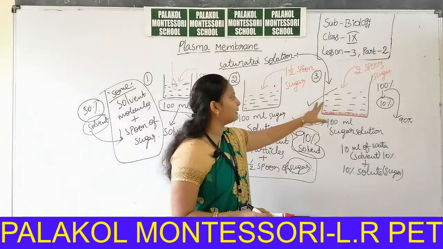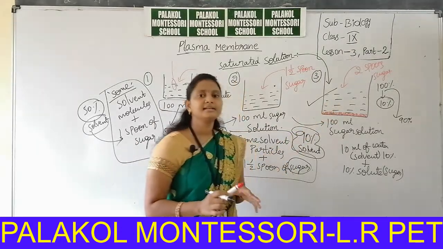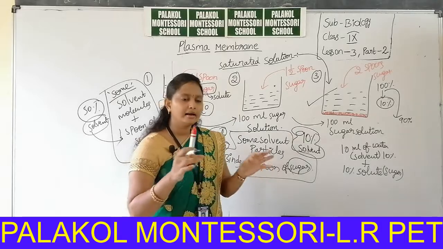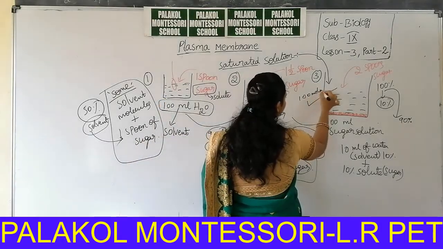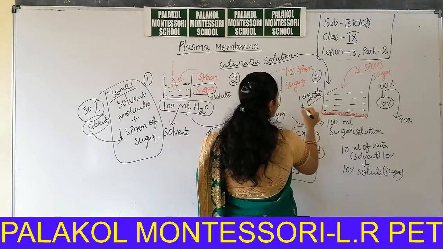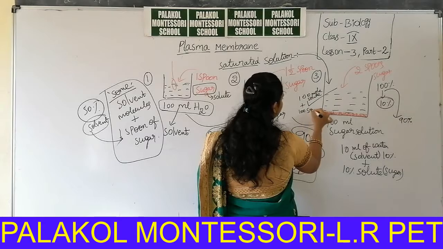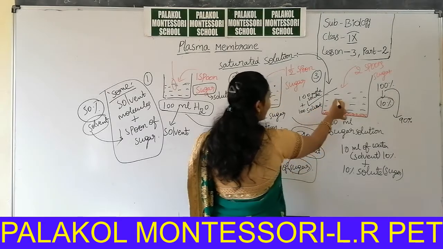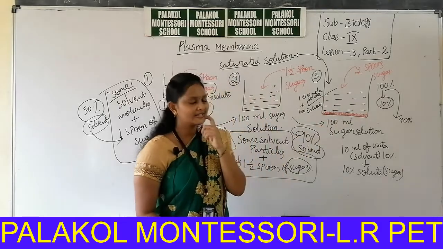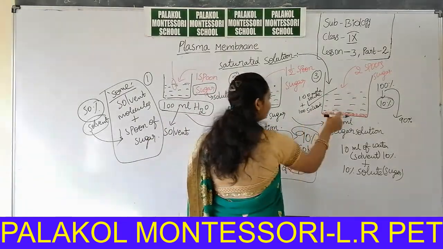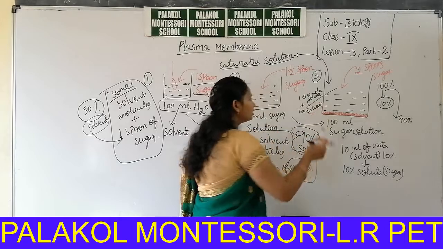Saturated means 100% of the solvent is dissolved. For example, 100 molecules of solute are enough to combine with 100 molecules of solvent. Here we added 1000 molecules of the solute, but we have only 100 molecules of solvent.